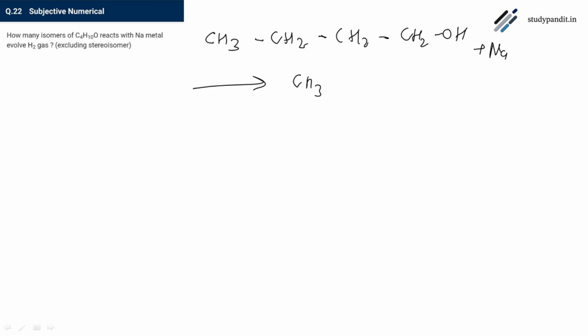So the first one, CH3CH2CH2CH2OH plus Na gives CH3CH2CH2CH2ONa plus half H2.